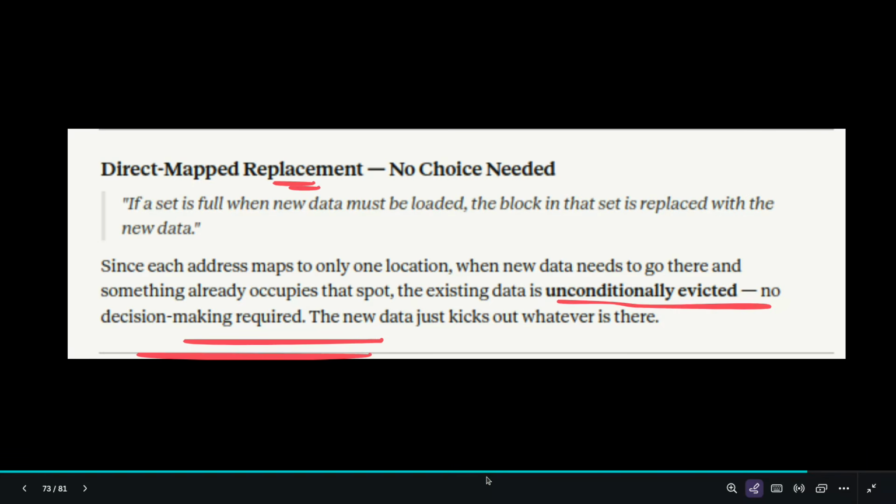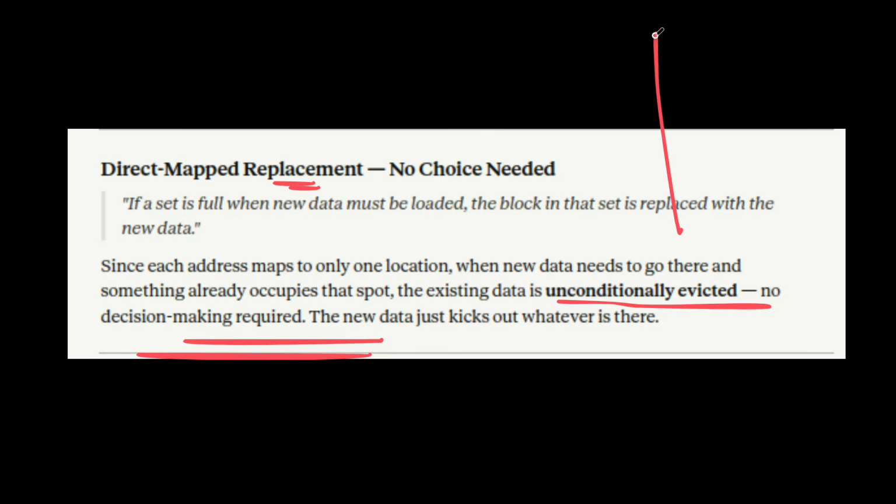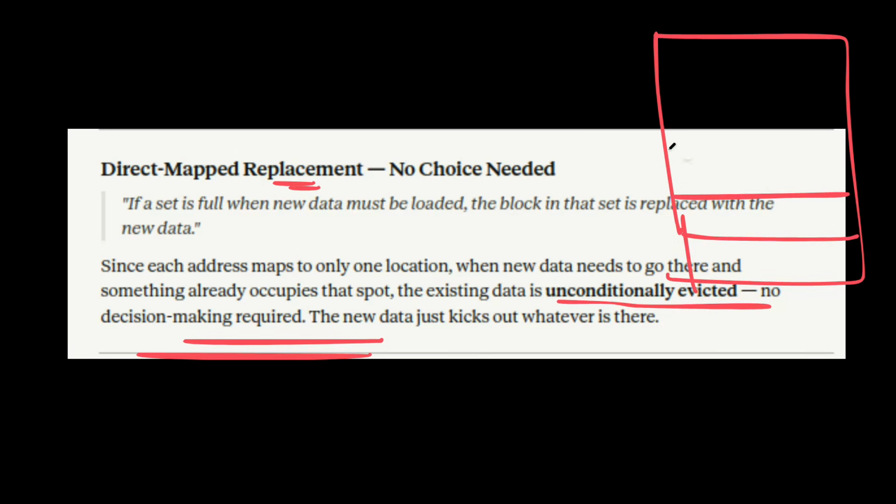Here, the replacement used in direct mapped is that only one data can go to one block. Right, so this is my direct mapped cache. So only one data can go to one block. So if let's say in this block there is 2, and another memory address data 3 has to come to the same block, then the only choice is to evict this 2 and put this 3.